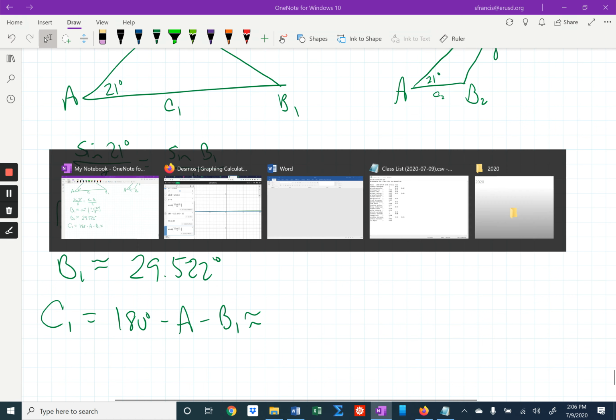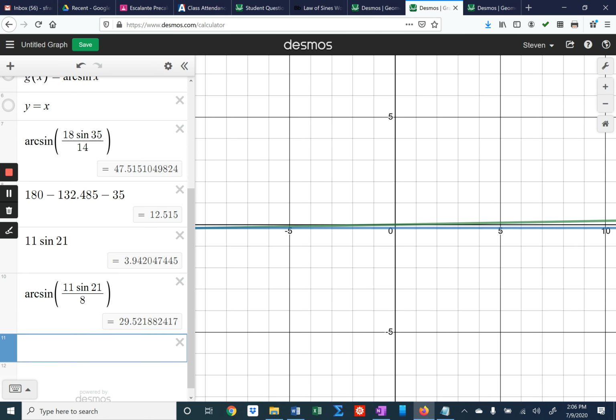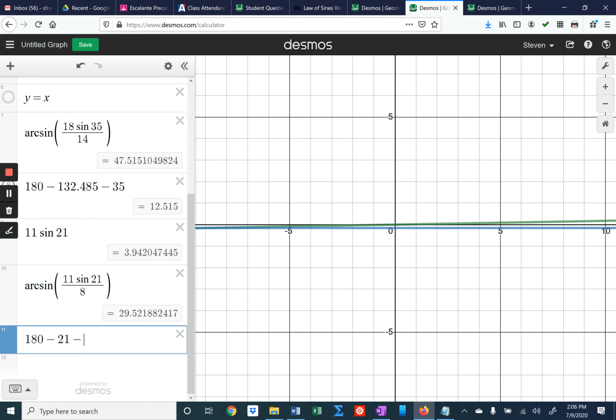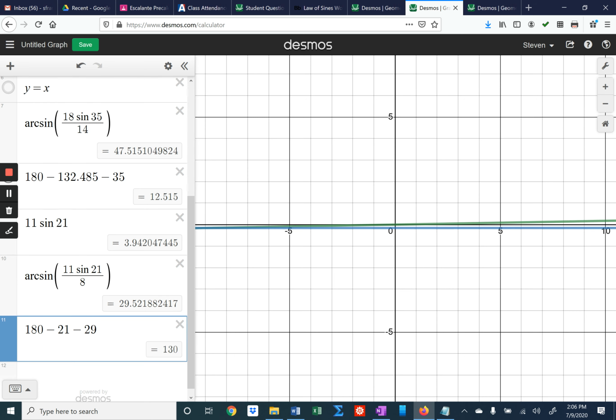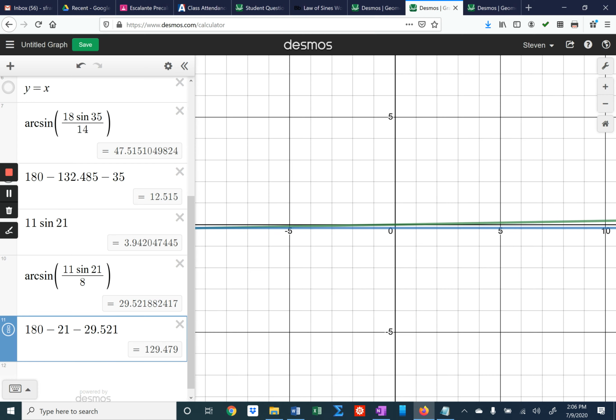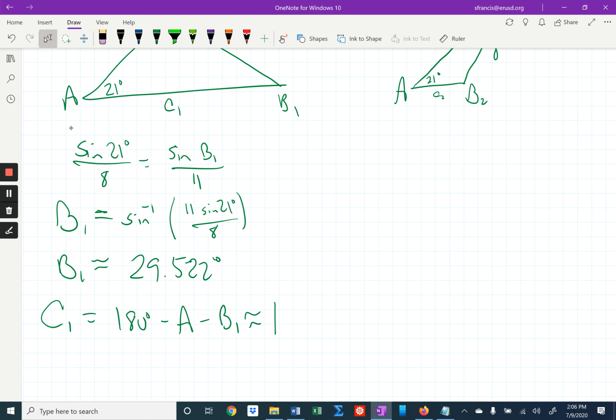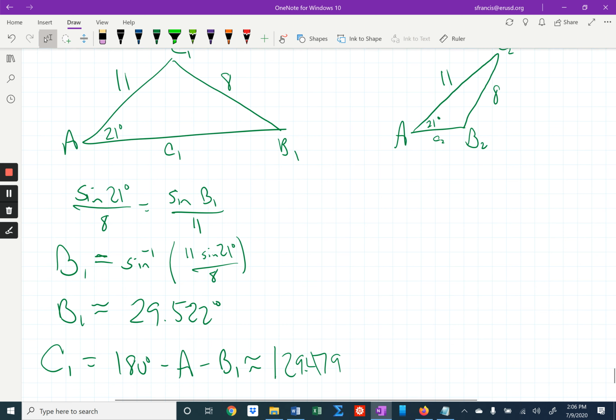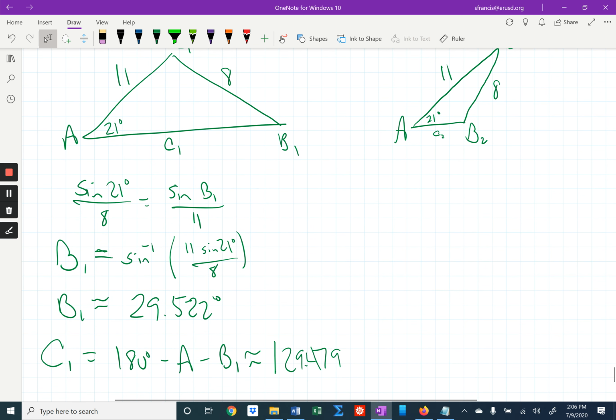let's see, so 180 minus 21 minus 29.521. C sub 2.